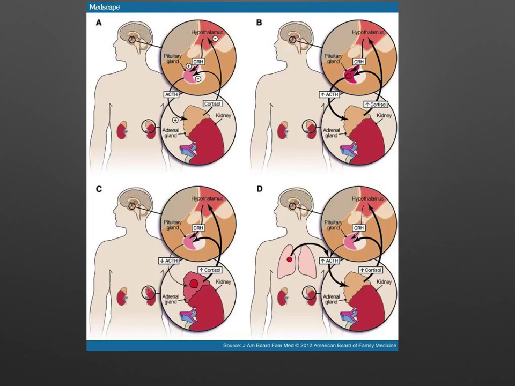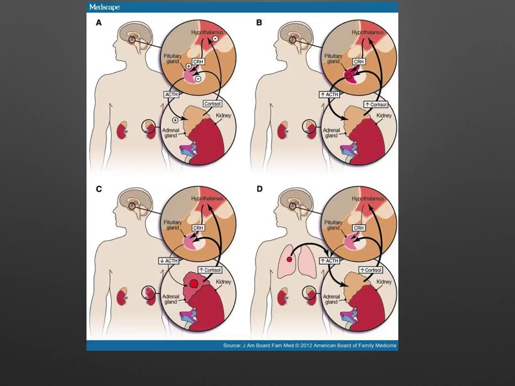Okay, so I think that animation does a really good job of showing the normal mechanisms that are going on with your hormones in a stress response. So this visual image here is helpful when trying to figure out, in the forms of endogenous Cushing syndrome, what the mechanisms are looking like in each of those scenarios.